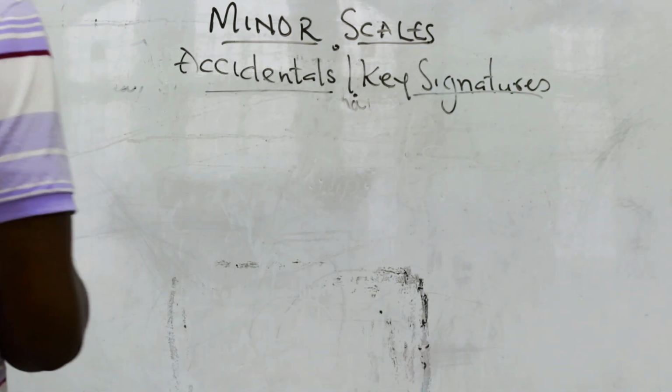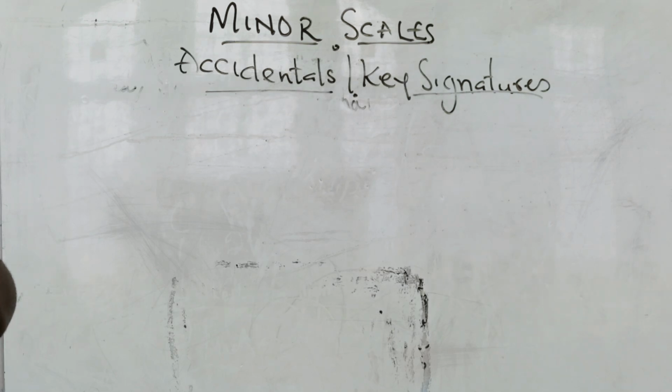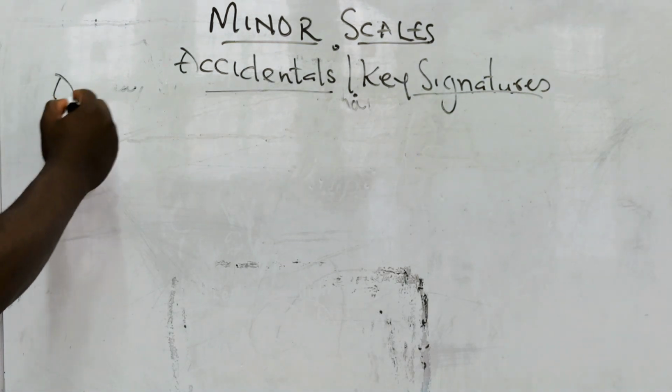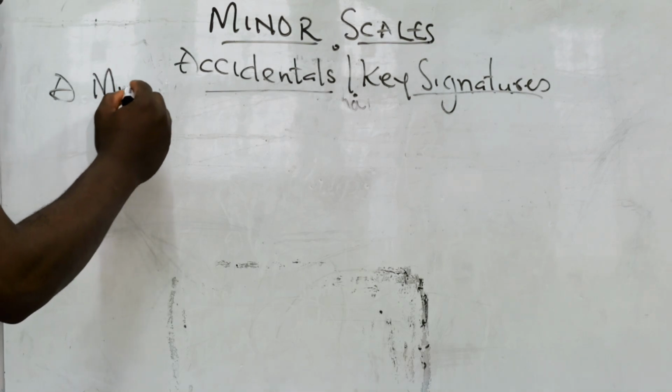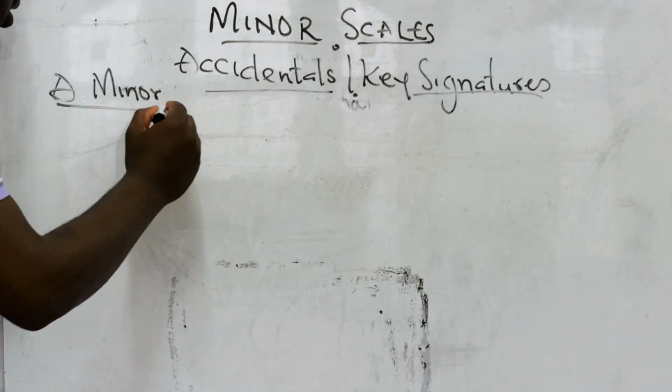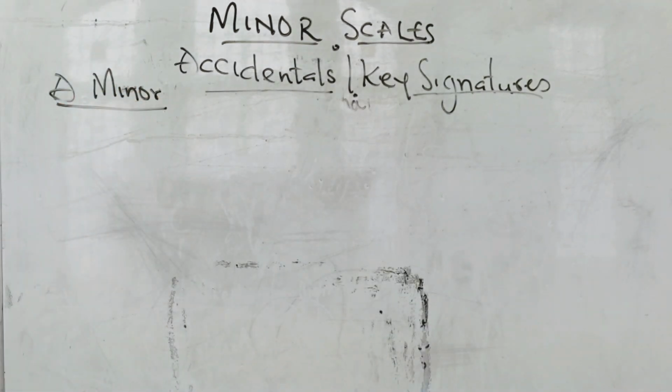Now the first one we're going to look at will be the scale of A minor. So how do you construct the scale of A minor? Remember, because it's grade 1, I'll limit myself to harmonic minor. Okay? Harmonic minor.